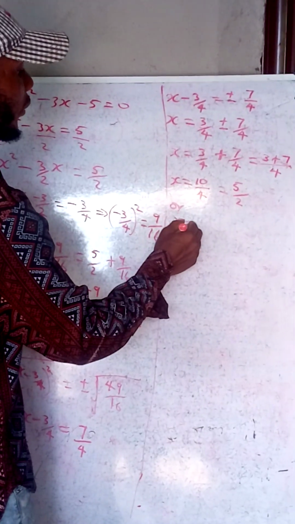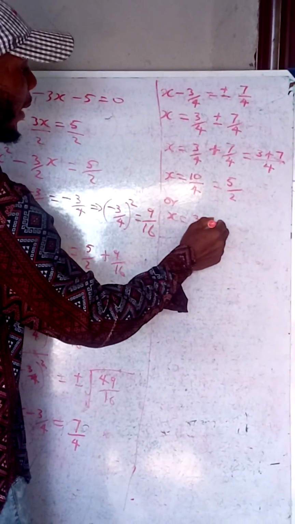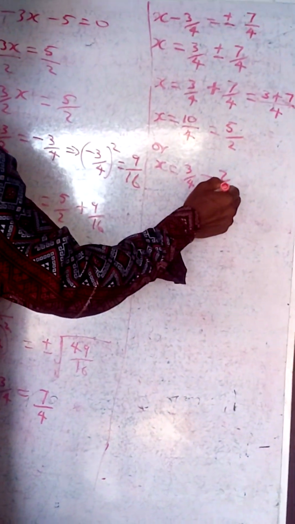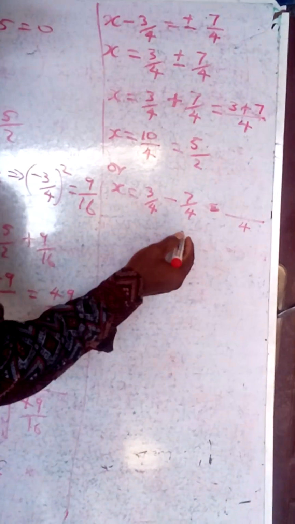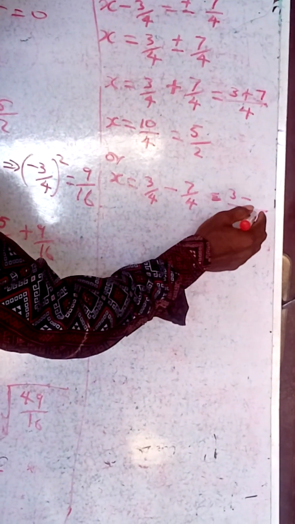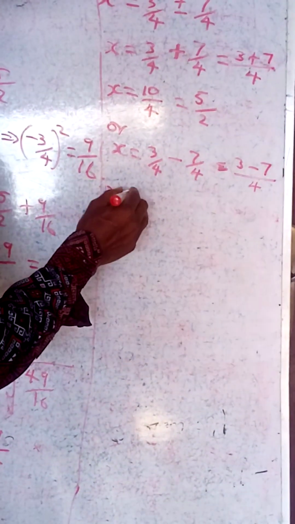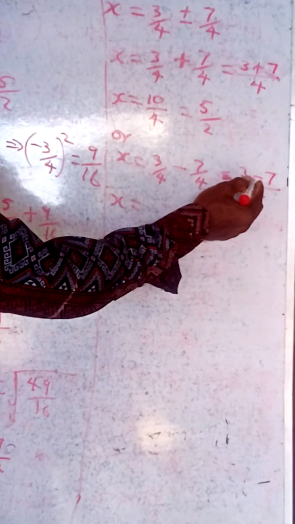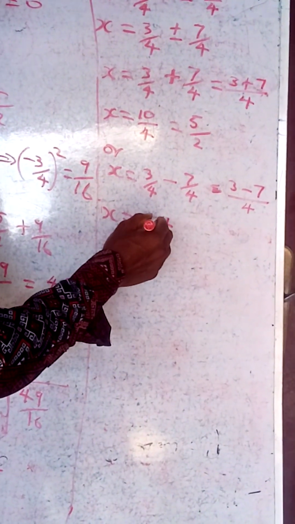Or x, this one we are going to be using minus: 3 over 4 minus 7 over 4. Okay? The LCM is still 4. 4 divided by 4 is 1. 1 times 3 is 3. Minus 4 divided by 4 is 1. 1 times 7 is 7. So that our x is going to be 3 minus 7 is minus 4 over 4.